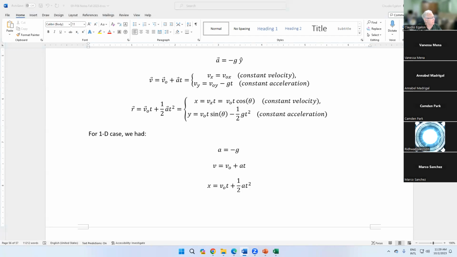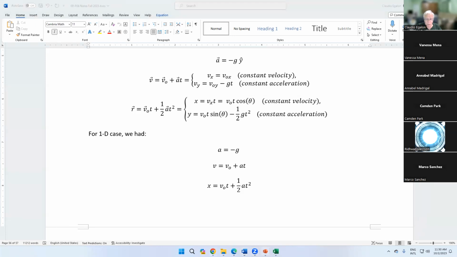Professor, I have a question. Yeah. So the displacement vector r, right? When you try to get the value, you didn't include the vector r naught, because it goes to 0 all the time. Well, it depends. It all depends on the problem.